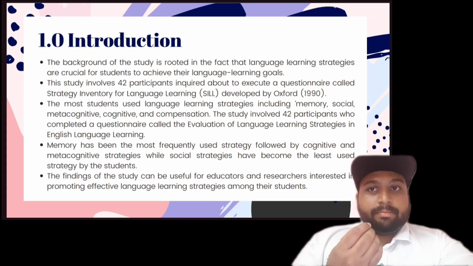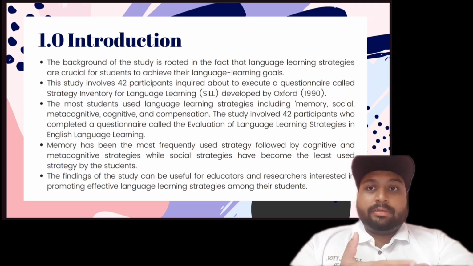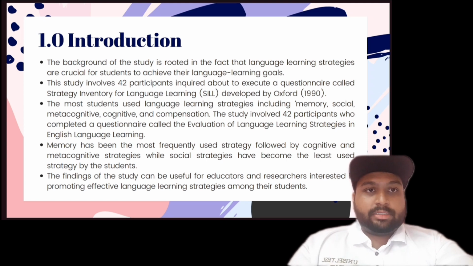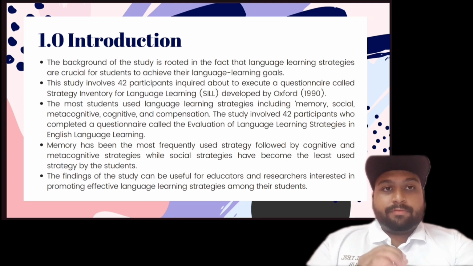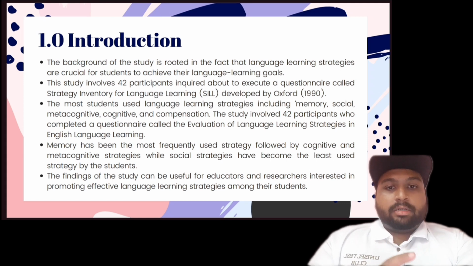That is the main objective of this whole mini research, to find out which is the most frequently used strategy used by university students for the English language. The study involves 42 participants who completed an online questionnaire called the evaluation of language learning strategies in English language learning.